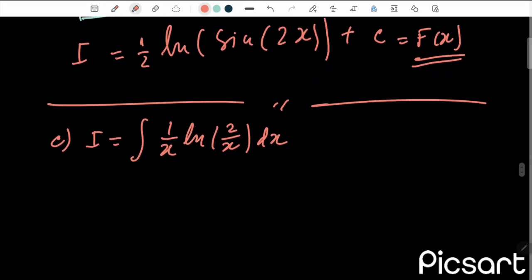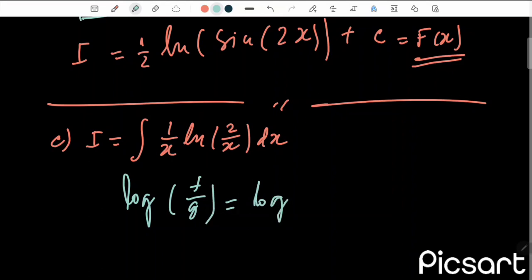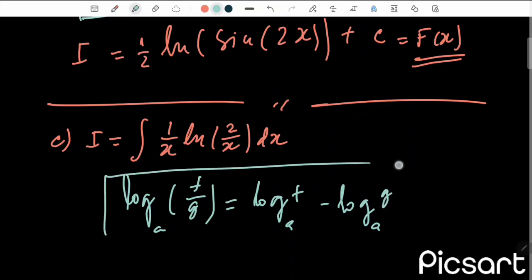For solving this exercise, we must remember one of the logarithmic properties, which tells us that log of a function f over a function g is equal to log with the base a of f minus log with the base a of g.